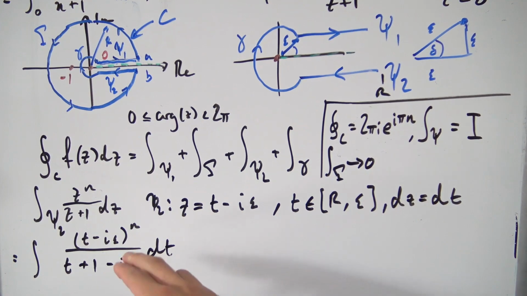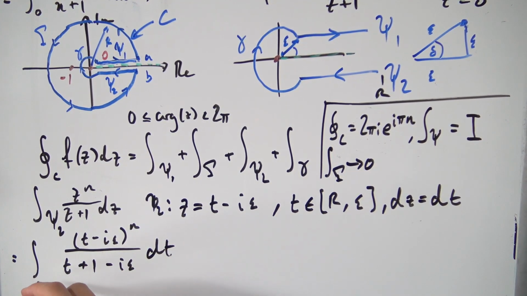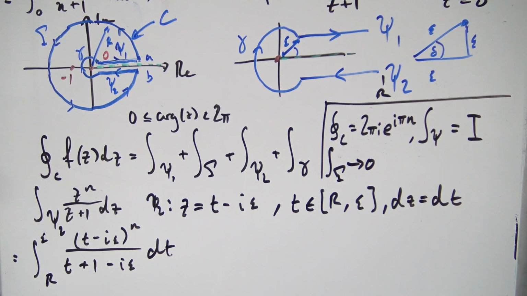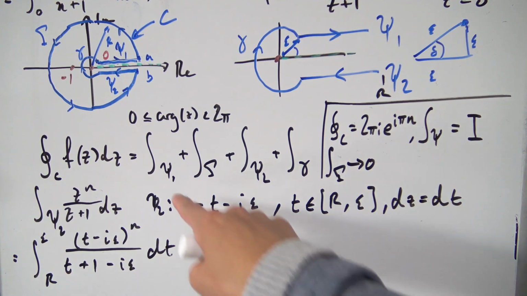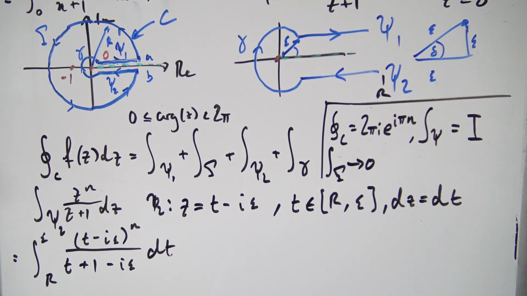So we have dt like so, and our bounds are from r to epsilon. Alright, and you might think, well, this pretty much looks like the integral over psi 1. Let's take the limit as epsilon goes to 0, and we're going to end up with i, or negative i, because our bounds are actually reversed.